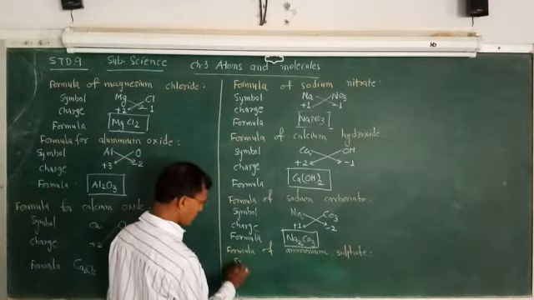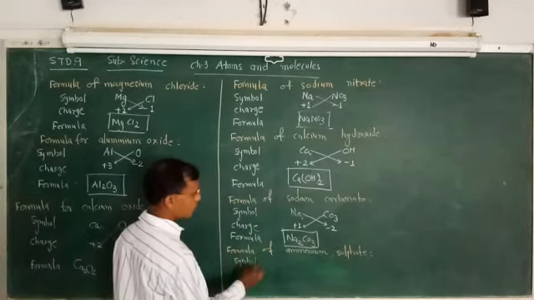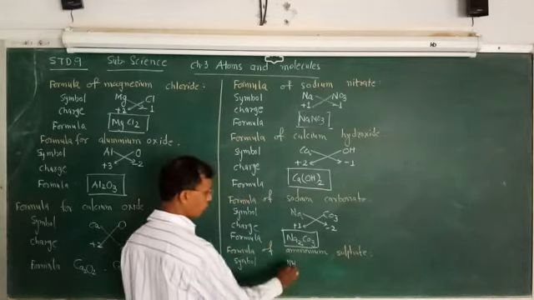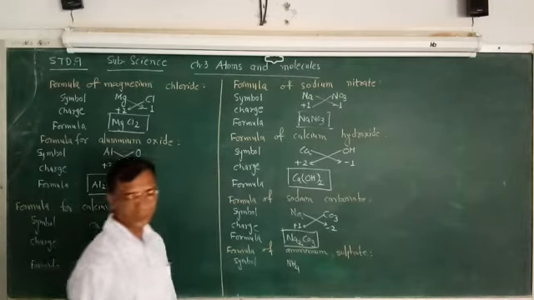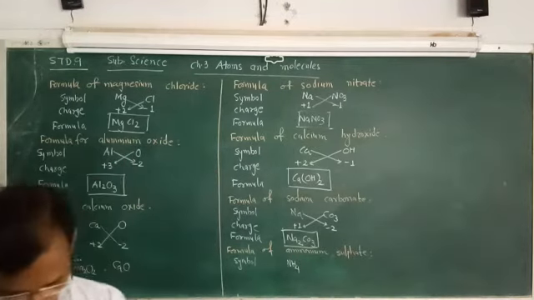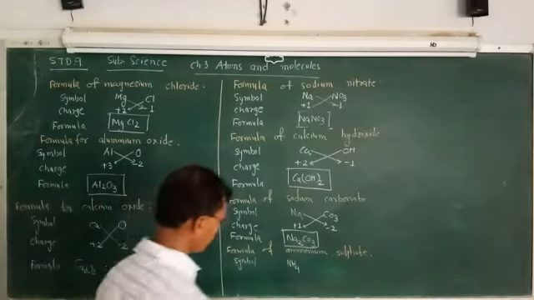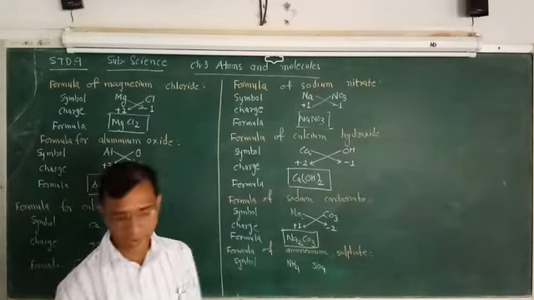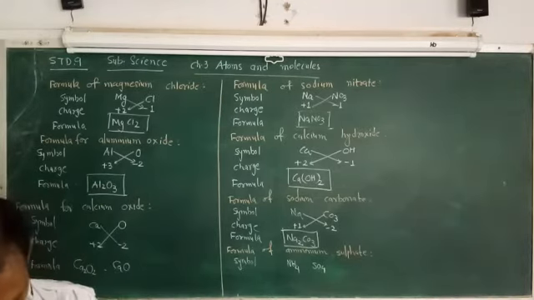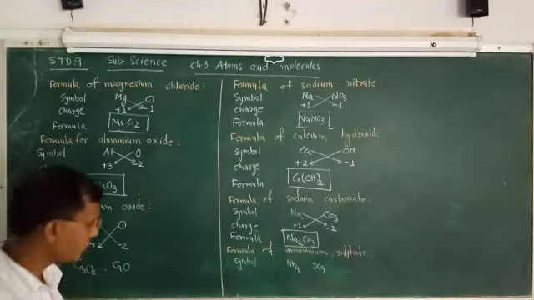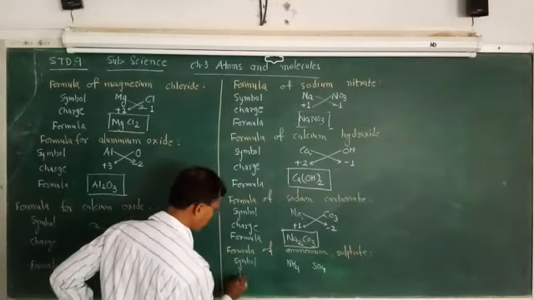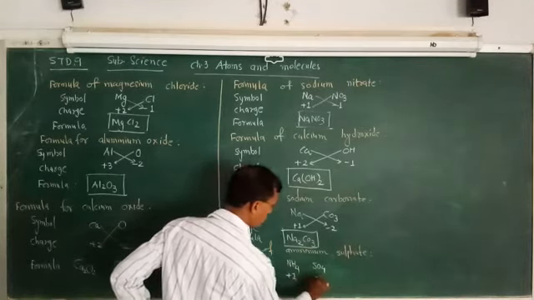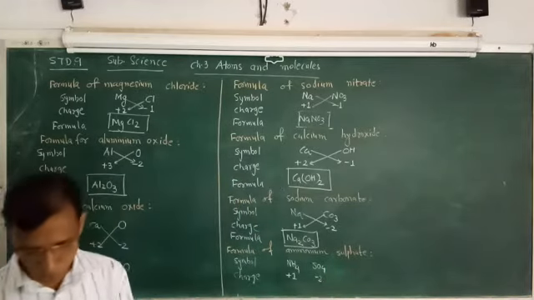Similarly, the formula of ammonium sulfate. Write the symbols first: ammonium is NH4 and sulfate is SO4. Now ammonium has +1 charge and SO4 has -2 charge.